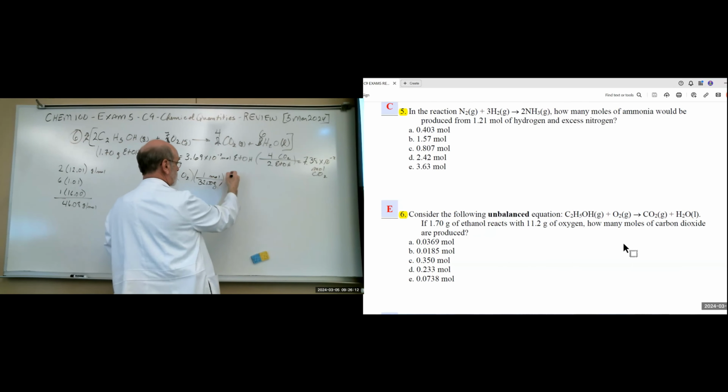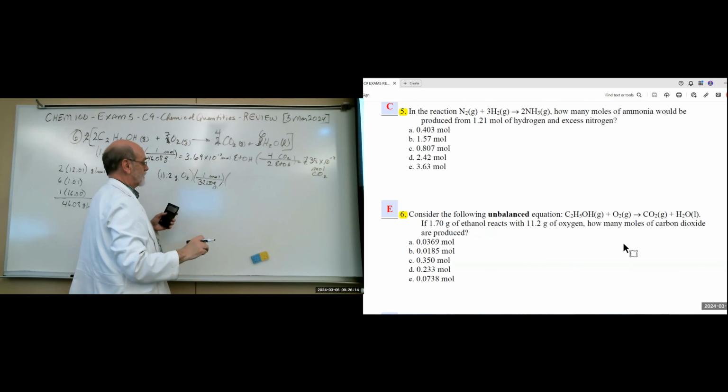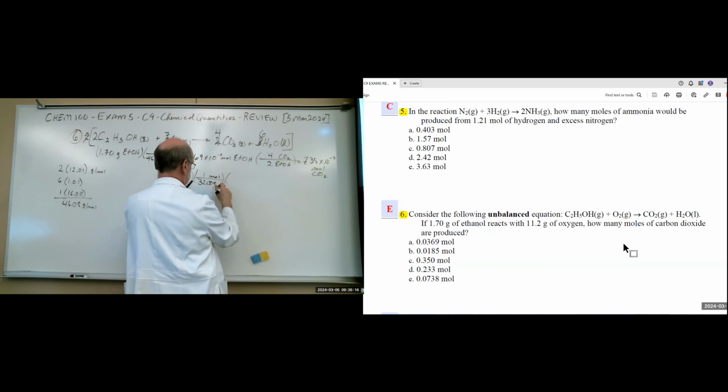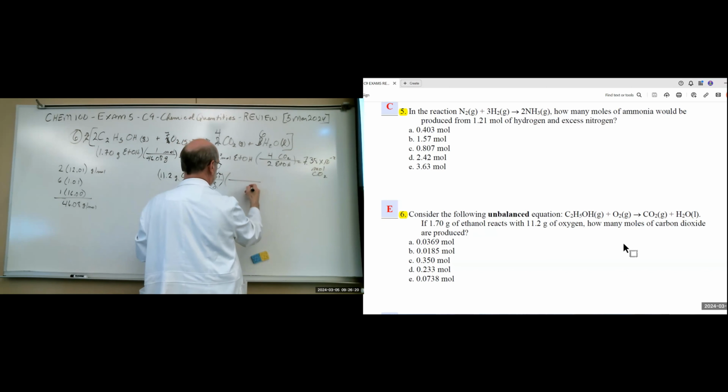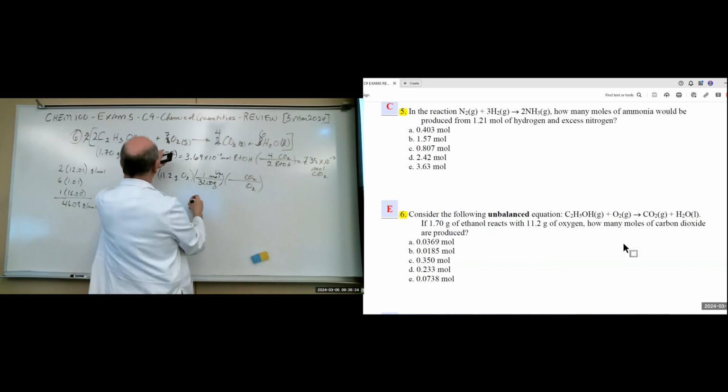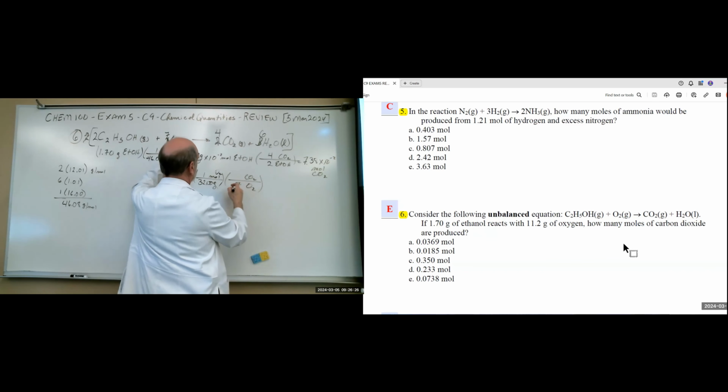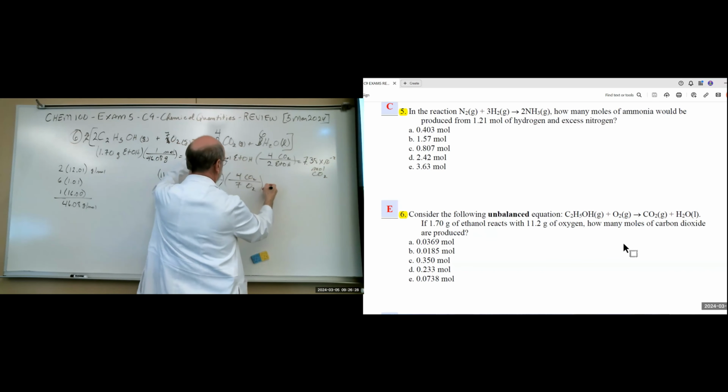I'm going to go ahead and do the whole calculation together and just take the moles of oxygen, right? Moles of oxygen and CO2, and what's their ratio? Well, oxygen is 7 and carbon dioxide is 4.